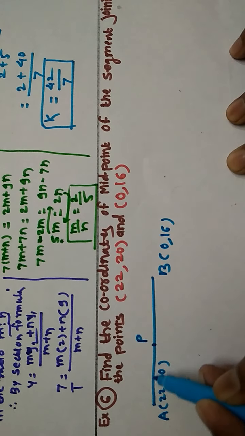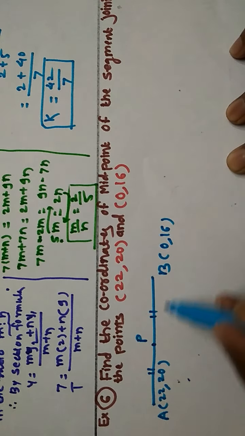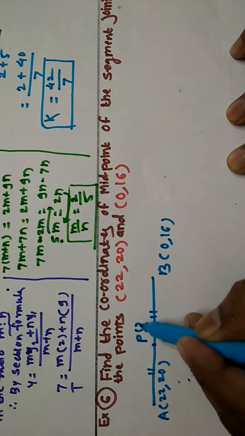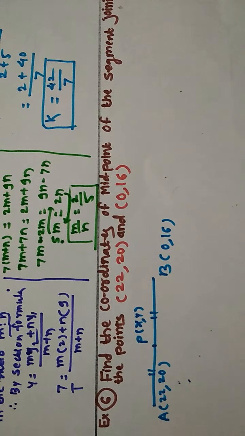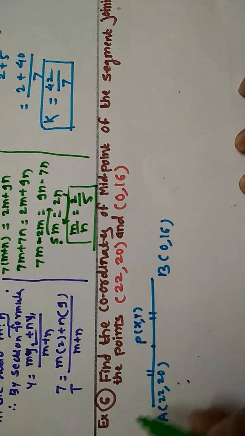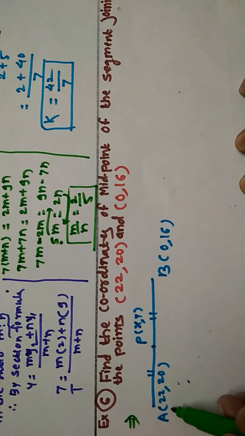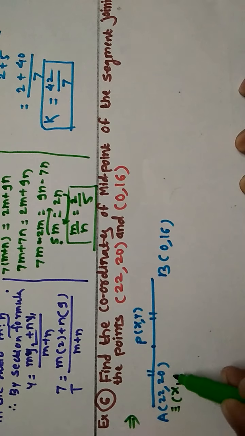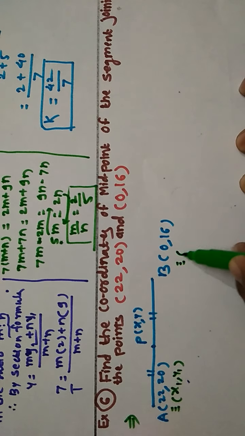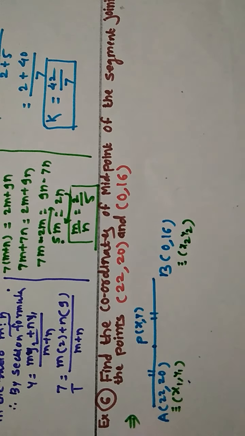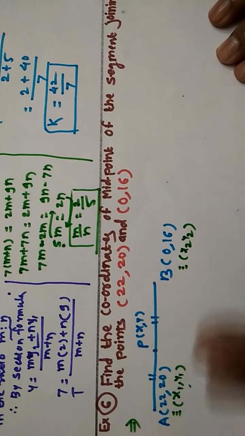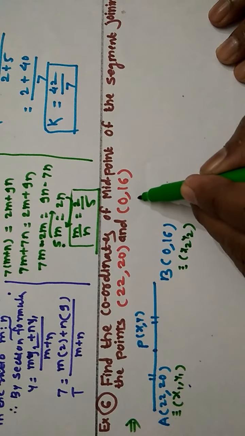If P is the midpoint of this segment AB, our aim is to find the coordinates of P. First we draw the figure. Note that the coordinates of A are x1, y1, and the coordinates of B are x2, y2. Our aim is to find the coordinates of P(x, y), and we use the midpoint formula.